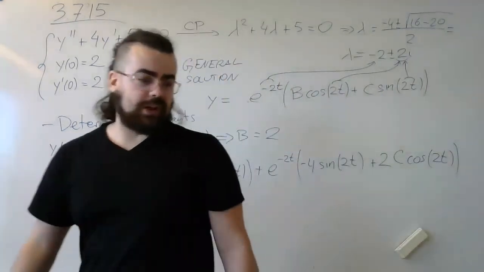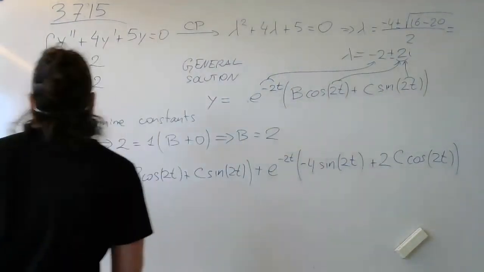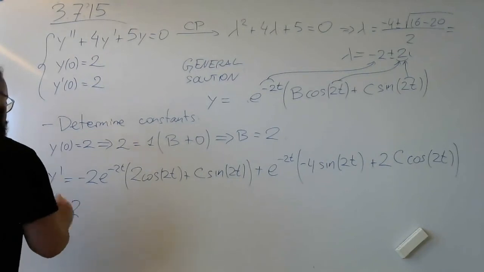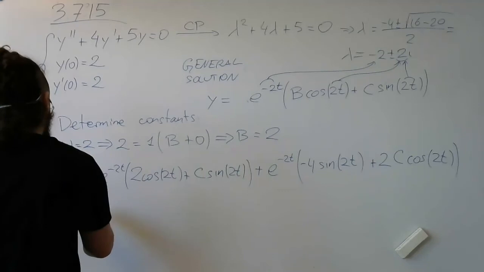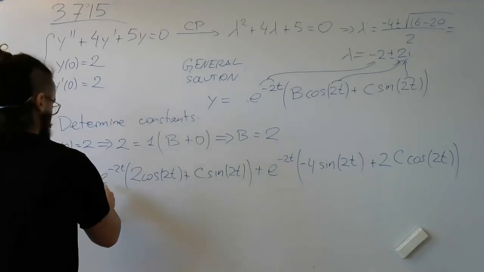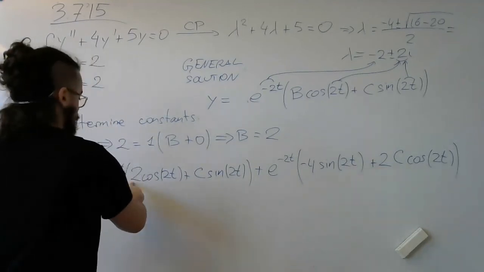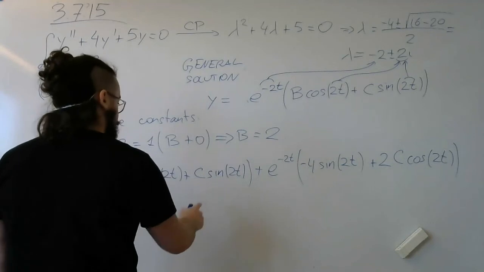Now, derivative of a product, nothing new under the sun. And now we use the second condition. And let's see what happens. This is 1. 2 cosine of 0. 2.